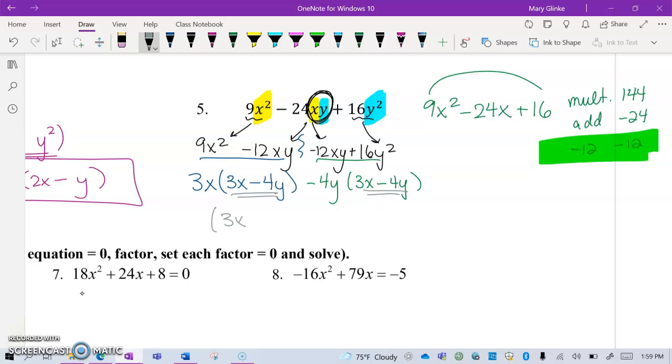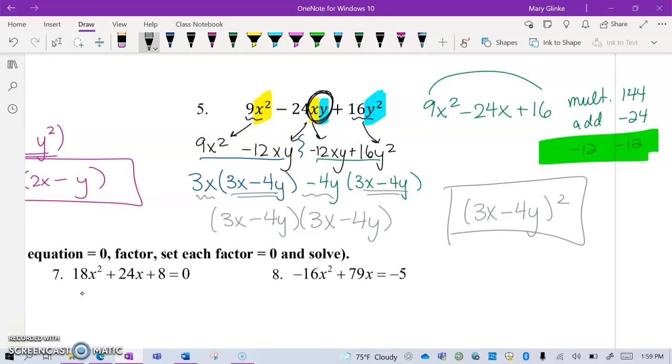So we're going to take 3x minus 4y out, and we're going to be left with 3x minus 4y as well. Because we can write the same thing twice here, we can write it as 3x minus 4y quantity squared. If you left it out twice, that's totally fine though. That's saying the exact same thing.